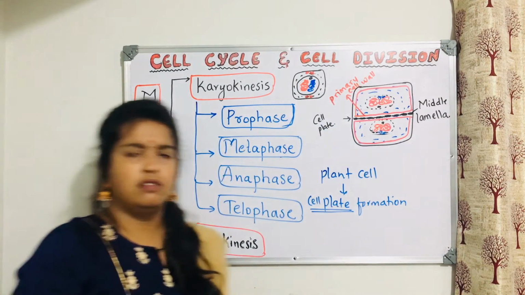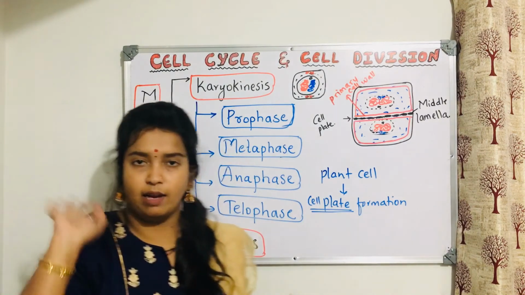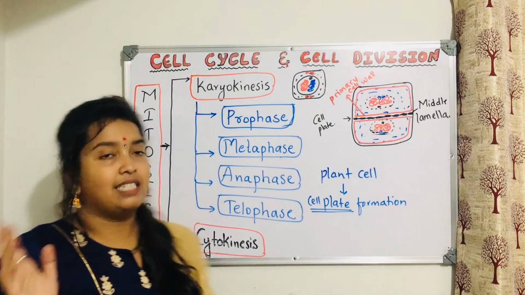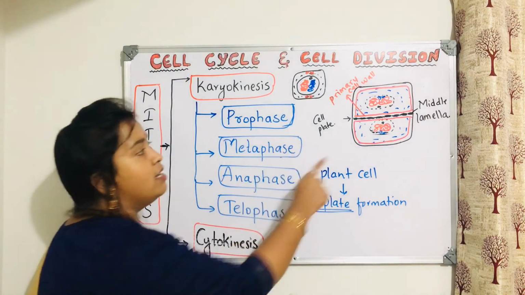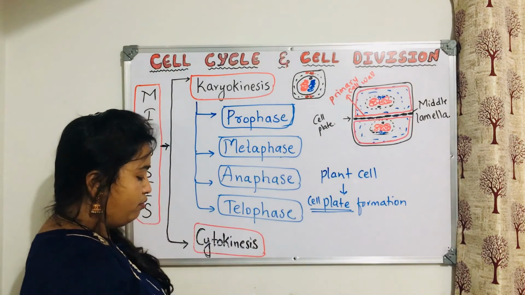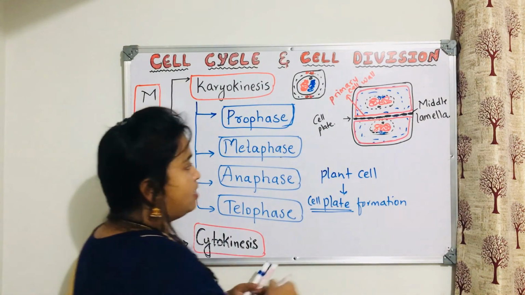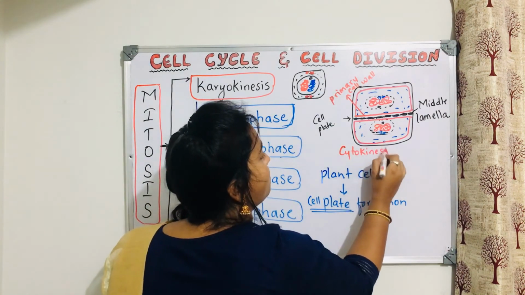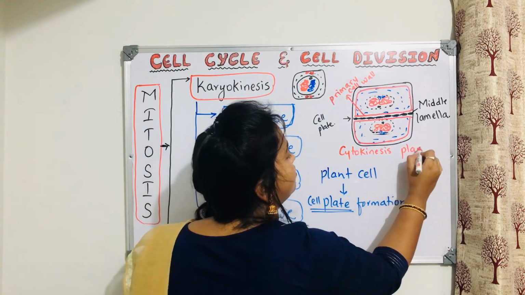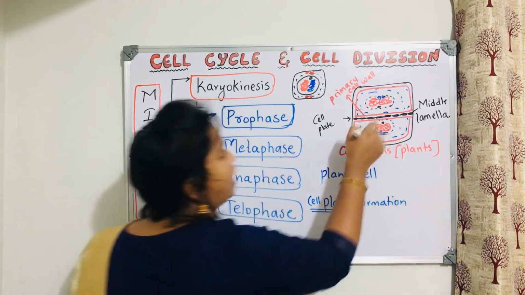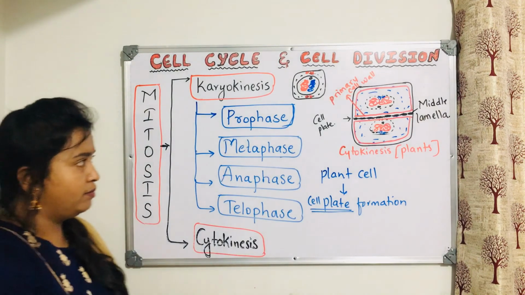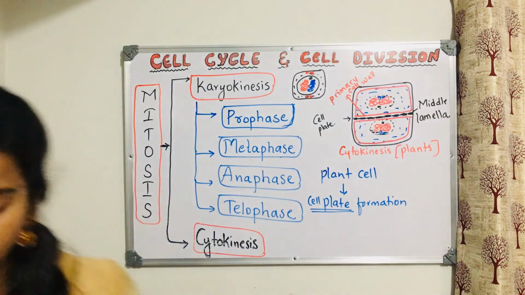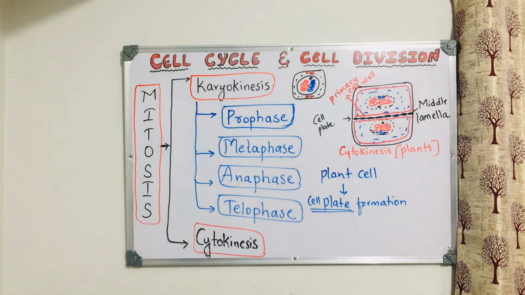Then after that, the secondary cell wall, which we have already covered, so we will not discuss it again. I hope it is clear. This diagram you have to take down for cytokinesis in plants. Take it down and we will finish up with animals.